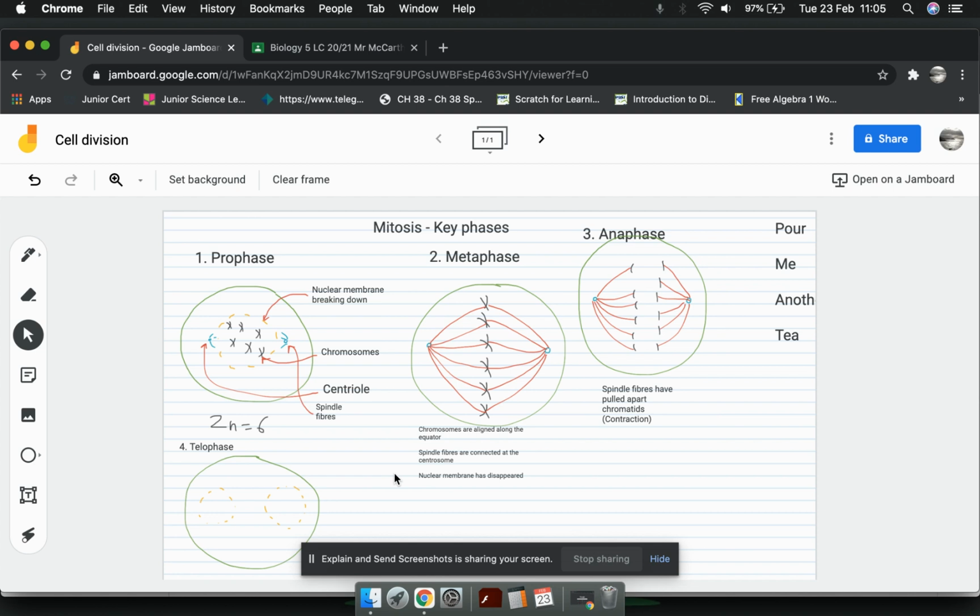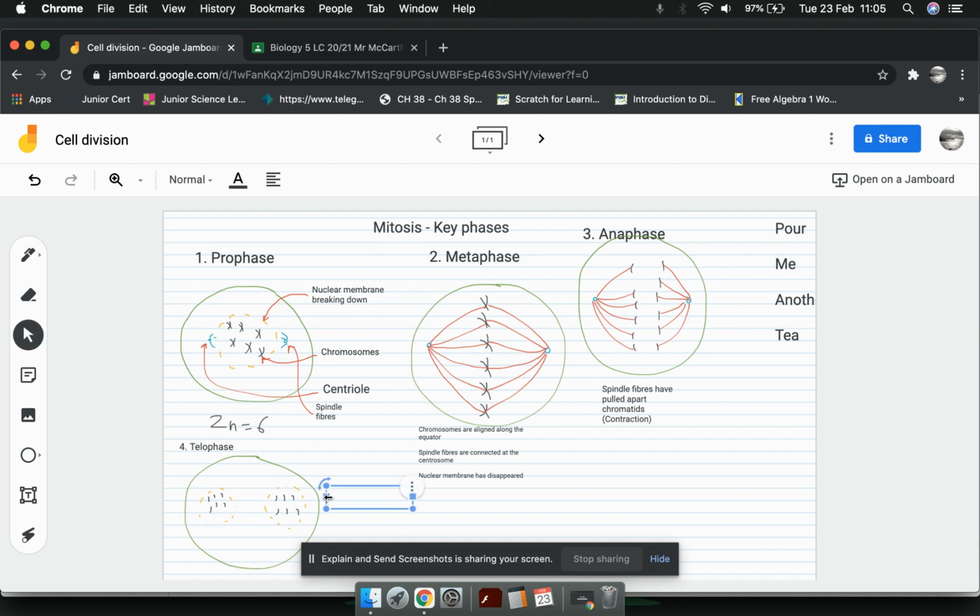What we should find inside is 6 chromatids. 1, 2, 3, 4, 5, 6. 1, 2, 3, 4, 5, 6. What we should also find here is that the spindle fibers have disappeared, and also the centrioles have disappeared.